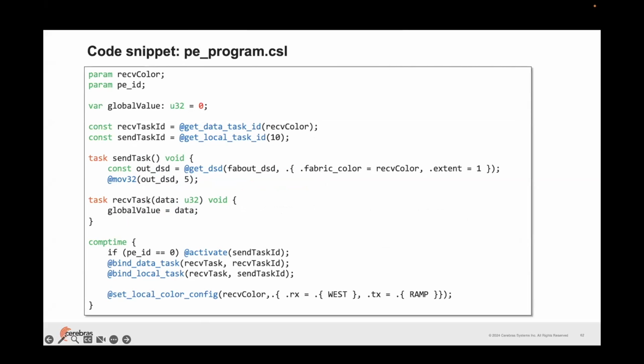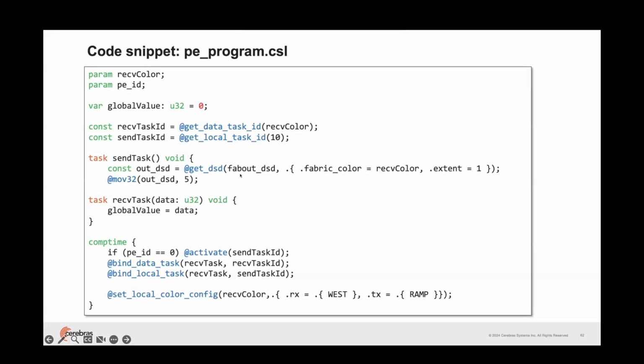We have a rec of task, which is a data task, so a task that receives a wavelet, and then we have this task called send task, which is a local task. So at compile time, if we are the left PE, we will activate this send task. So this send task will begin running immediately on the left PE.